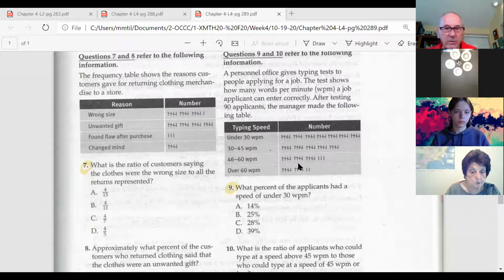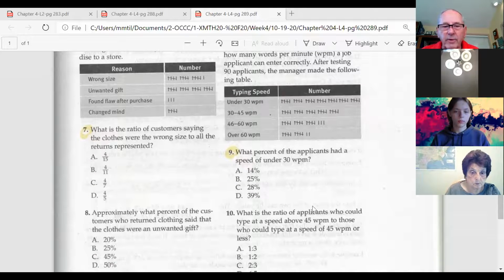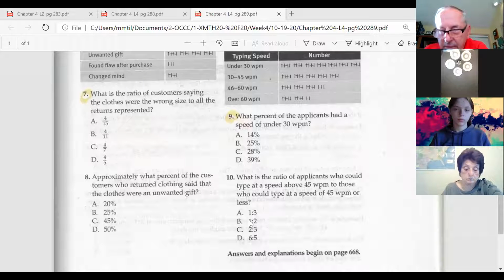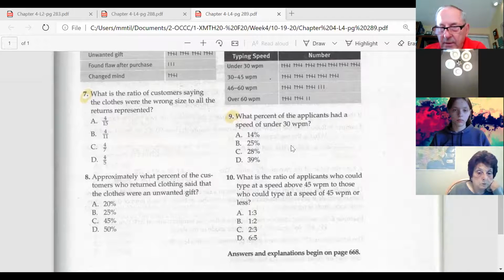You just add up all to get the total and divide by the particular section that you're trying to solve for. In some cases you're putting it in terms of fractions, other times ratios, other times percent. But they're all equal. You can change a ratio to a fraction to a percent. You understand that? Okay.